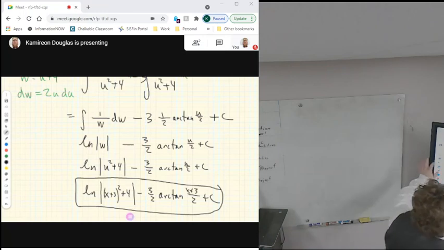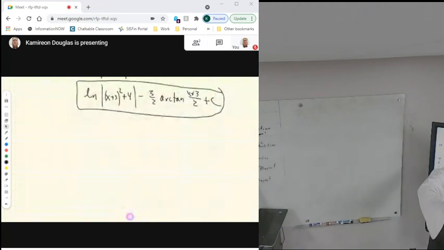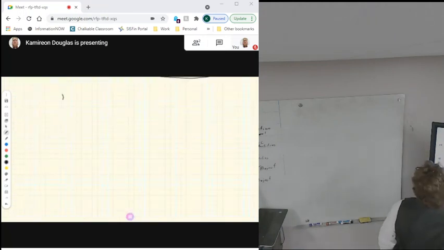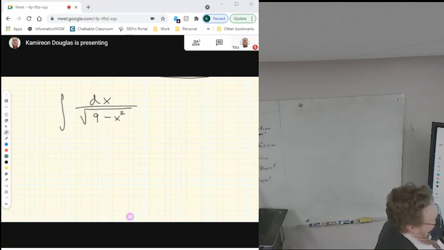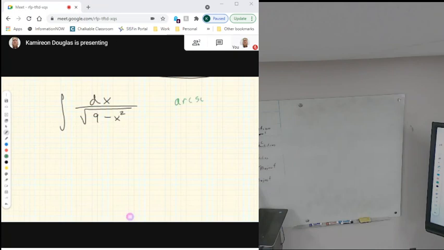The integral of dx over the square root of 9 minus x squared. First I have to identify which formula this is. To me this looks like arcsine. So the arcsine formula is arcsine of u over a plus c.